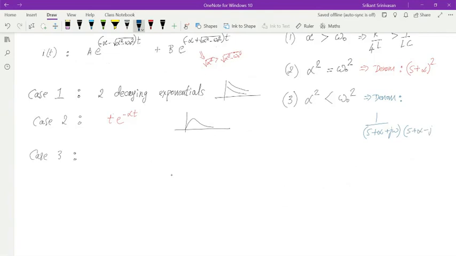I should not use omega, let's call it beta so that there is no confusion. So there is alpha plus j beta and alpha minus j beta. Okay? So there become two terms like this.